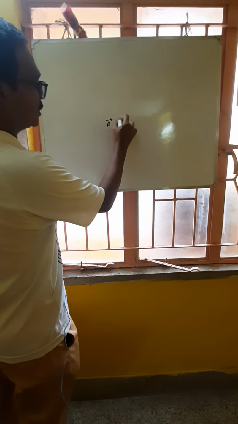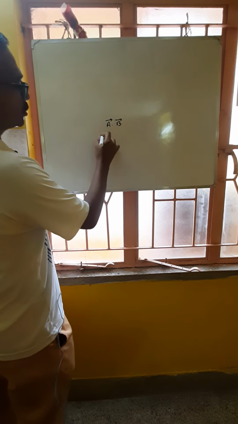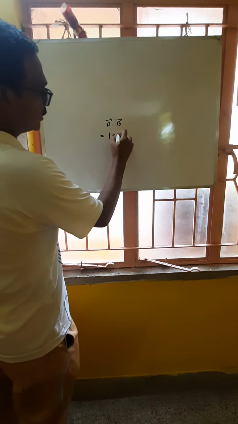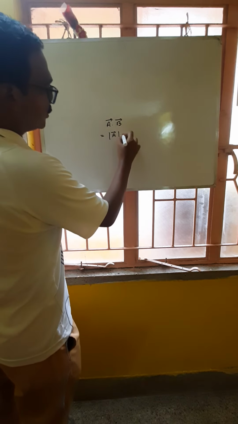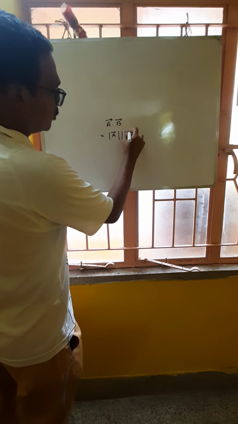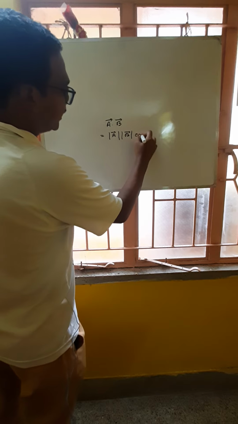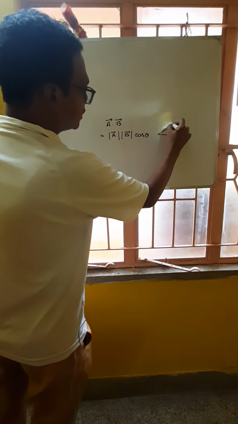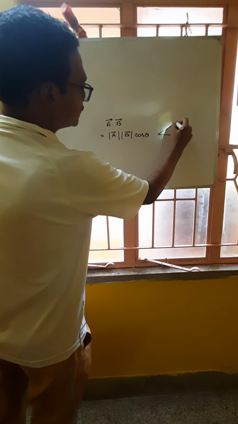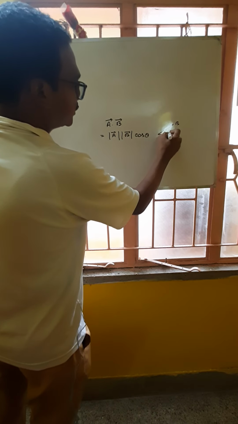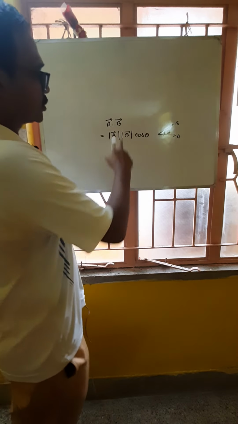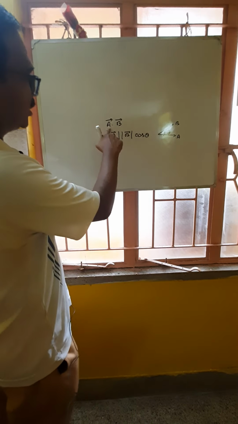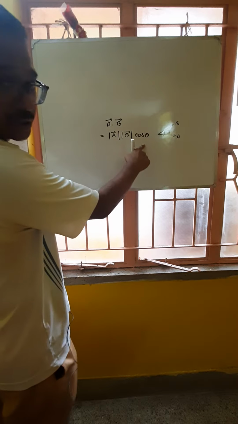Suppose a dot b equals modulus of vector a, modulus of vector b, and the cosine of the angle between these two vectors. That means if this is vector a, this is vector b, and this is theta, then you have a dot b equals ab cos theta, like that. A dot b equals ab cos theta.